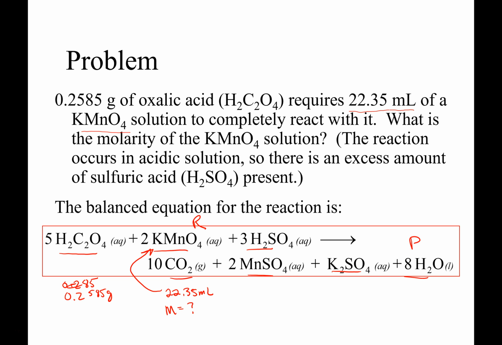Now, it may not look like it, but this is similar to what we've been doing. I've been telling you, you look at what you know the most about, and you start from there, and you loop around to the other thing. In this case, what we know most about is the oxalic acid. Granted, it's not a solution at all, but we can go from those grams that were given to moles of H2C2O4 using the molar mass.